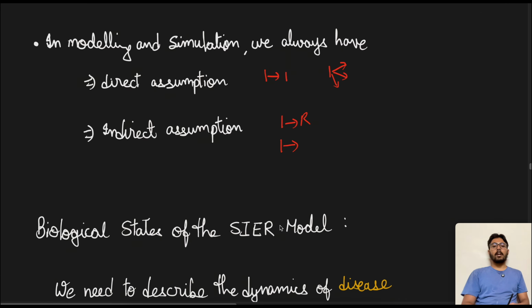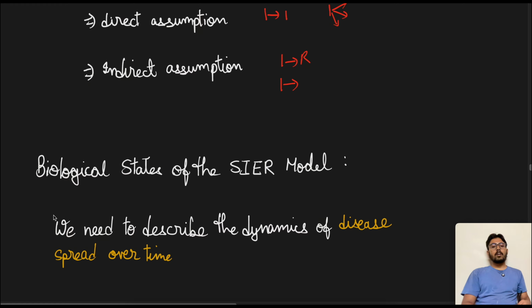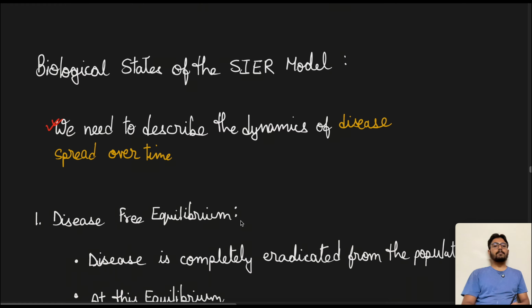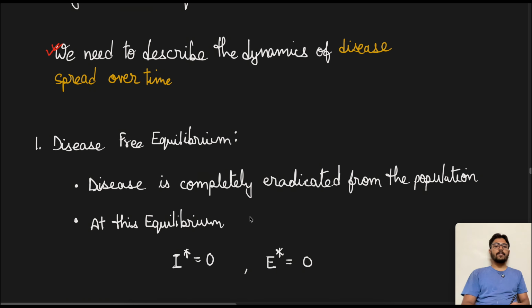Next we discuss the biological states of the SEIR model. We need to describe the dynamics of the disease spread over time. First is the disease free equilibrium. Disease free equilibrium, or DFE as they say, is when the disease is completely eradicated from the population. At this equilibrium, the number of infected individuals is 0 and the number of exposed individuals is also 0.